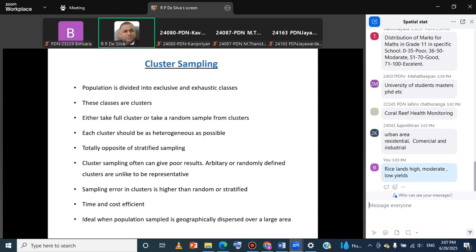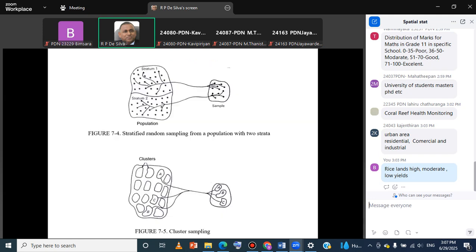Ideal when the population sample is geographically dispersed over a larger area. So, cluster sampling, and this is an example of cluster sampling, which is the below figure. The upper figure is stratified random sampling. You divide into two strata, stratum 1 and stratum 2.